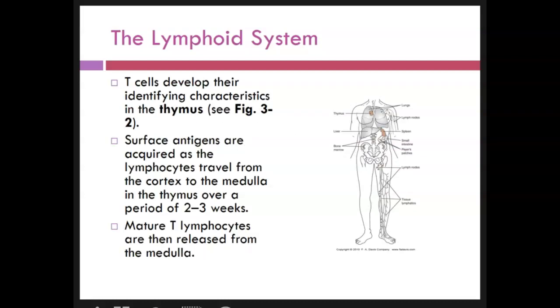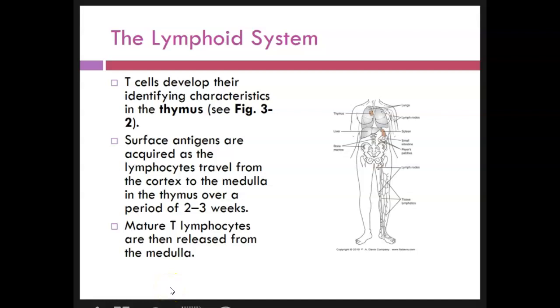And this slide is here. Just remember that T cells grow up, they mature in the thymus, and surface antigens are acquired as lymphocytes travel from the bone marrow through the thymus, and they mature into T lymphs, and then they're released from the medulla of the thymus.